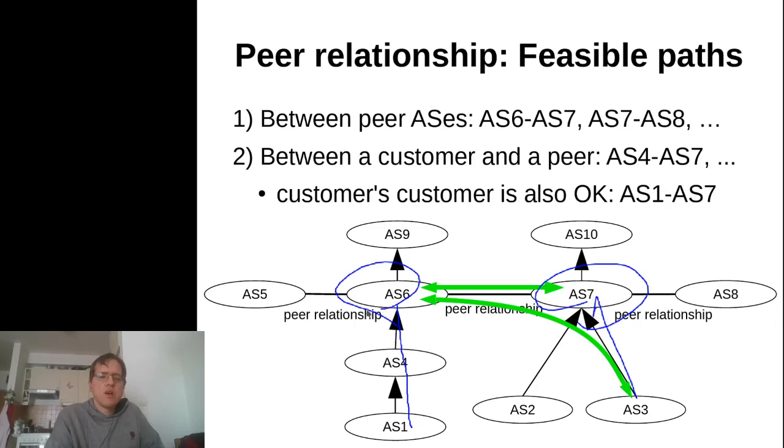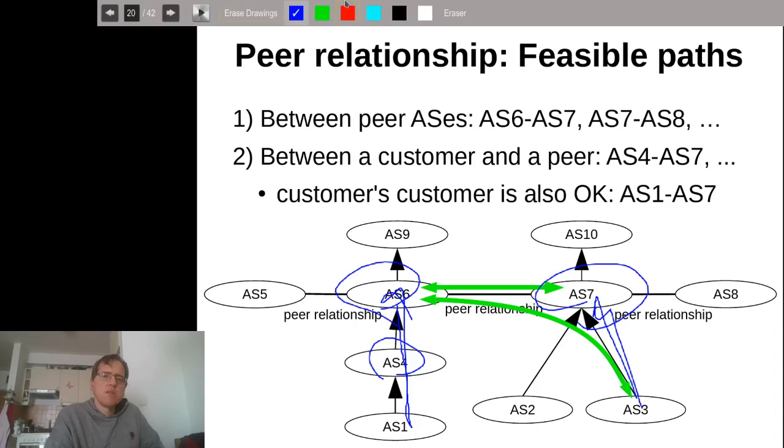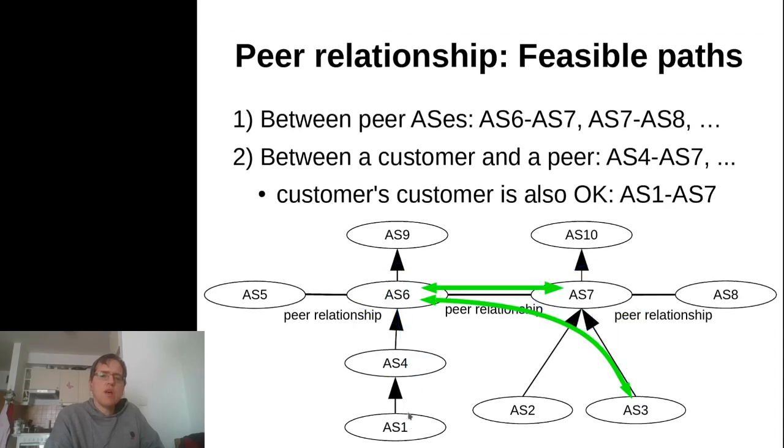AS6 is actually contracted by AS4 to route all of its traffic to the internet, and it is the same for AS3. So AS6 and AS7 are actually contracted to exchange these types of traffic somehow.